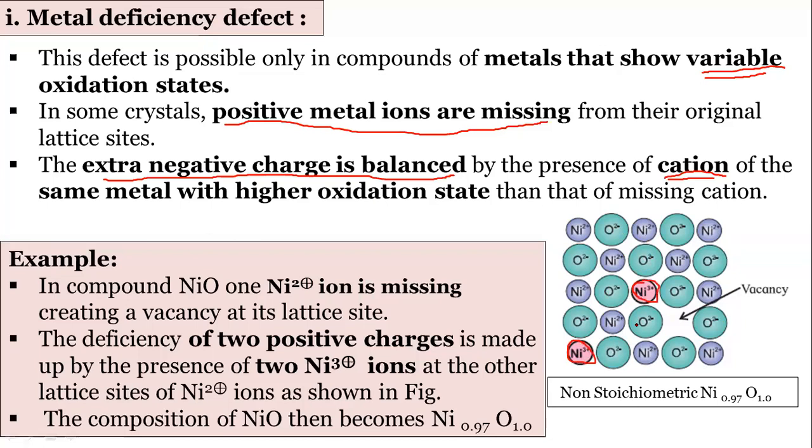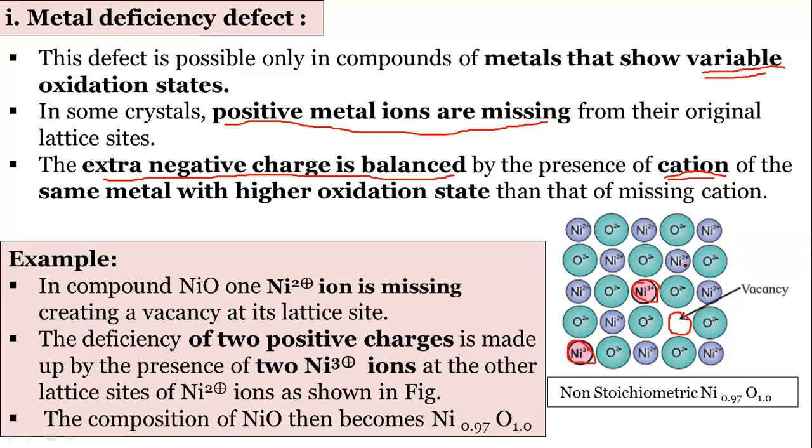We will understand where this Ni3+ came from by this example. In this NiO compound, one Ni2+ ion is missing from here.